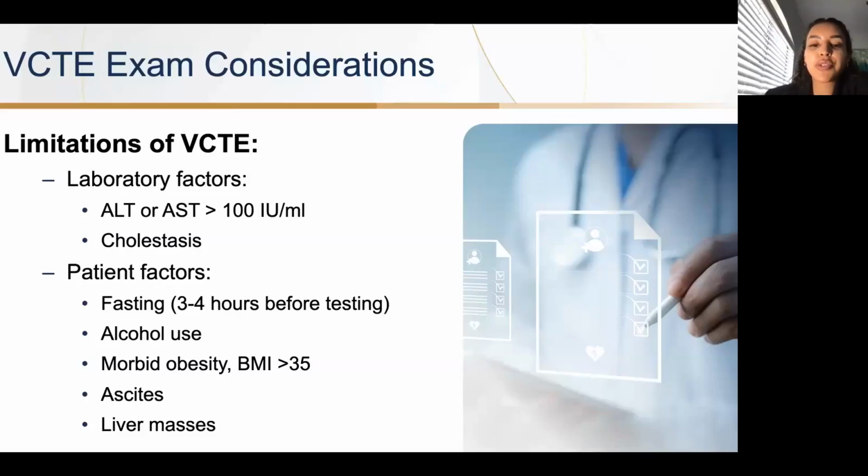So when we're ordering FibroScans, the cutoff in our clinic for BMI is actually 40. So we will attempt up to 40, but we know when the BMI is greater than 35, it could possibly hinder us from getting a quality exam. And then, of course, if the patient has ascites or liver masses, that can give you a false reading as well.